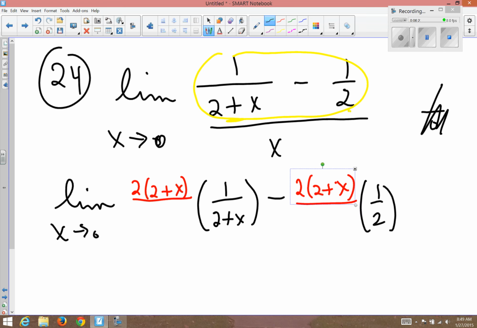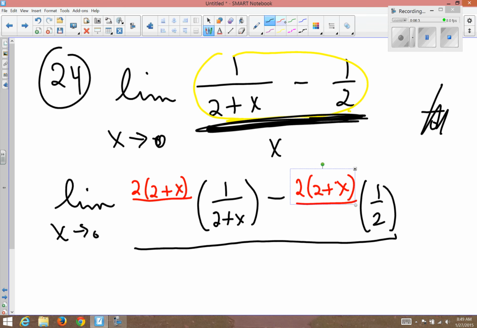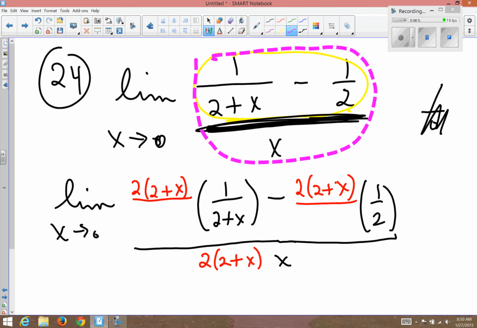And I know that if I multiply the numerator that's above this line by this red, I have to multiply the denominator by the same thing. So we're multiplying the numerator and denominator of the original fraction. This original fraction, multiplying numerator and denominator by 2 times 2 plus x.